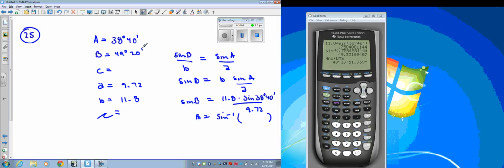Now, what I have to do is see whether I have a B1 that works. To calculate B1, I have to take 180 minus this, right? So B1, because supplementary angles have the same sine. 130 degrees, 40 minutes.